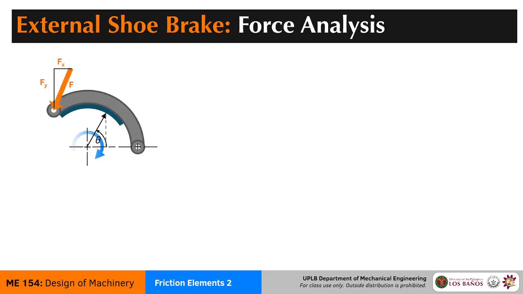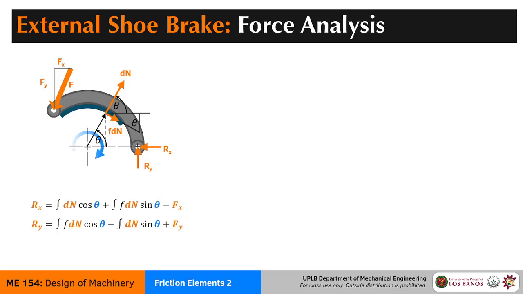So this is our brake force. This is the reaction on the shoe lining, and we're going to assume that these are the positive directions of our hinge reactions. And I won't bore you with the details of deriving this. I think the diagram itself is sufficient to give you an idea on how to derive this. Basically, the reaction forces are this.